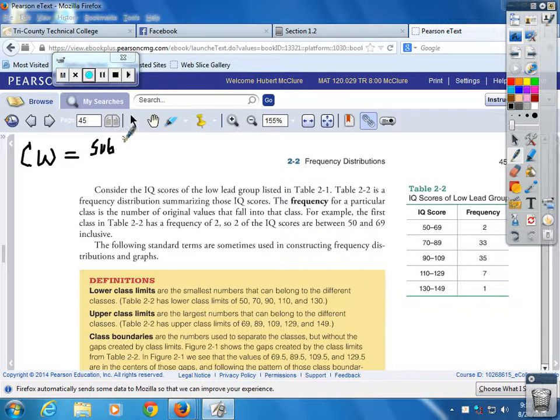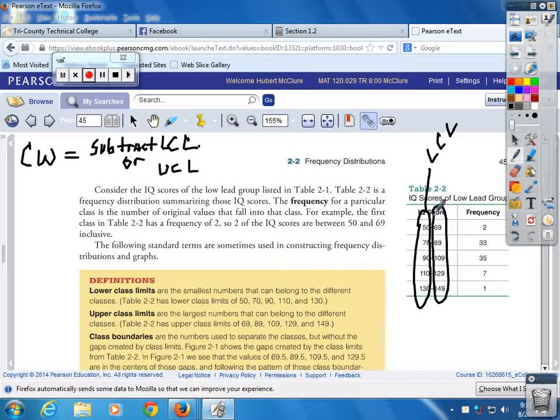Subtract the lower class limits or upper class limits. That's the easiest way to find it. Now, what are the lower class limits and upper class limits? Here are the lower class limits. And here are your upper class limits.